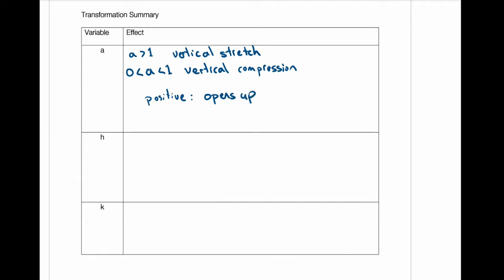Positive opens up, and the opposite, negative, opens down. So those are the transformations that the a value tells us. Again, it still tells us the direction of the opening, positive or negative, as well as the step pattern, which falls into the vertical stretch or compression.